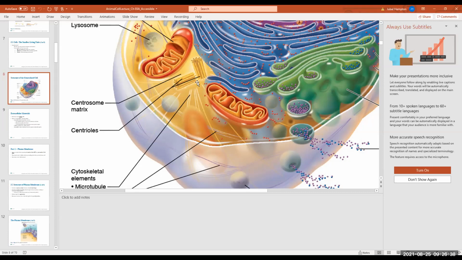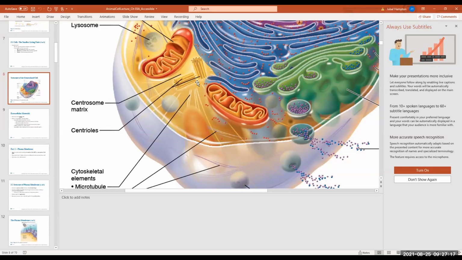The centrioles are from where cilia and flagellum will grow, and cilia and flagella are the motile, moving parts of a cell. They have a 9 triplet plus 2 arrangement within 9 pairs. And again, I'll have to find that PowerPoint because it gives a close-up and shows us this better.